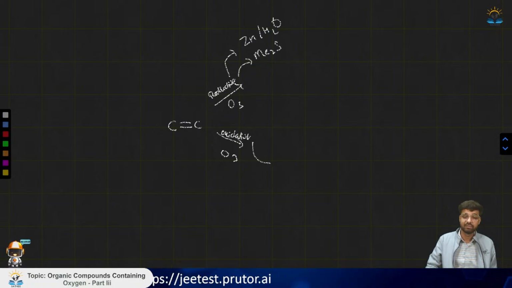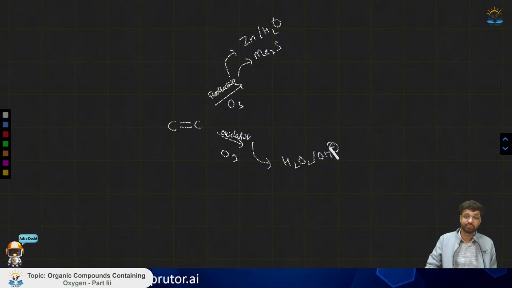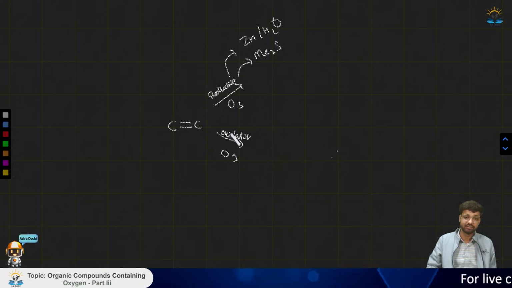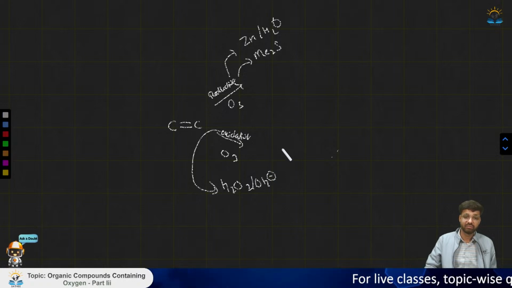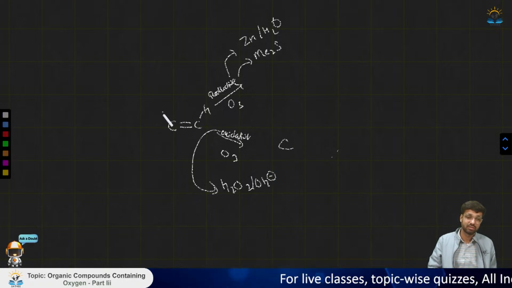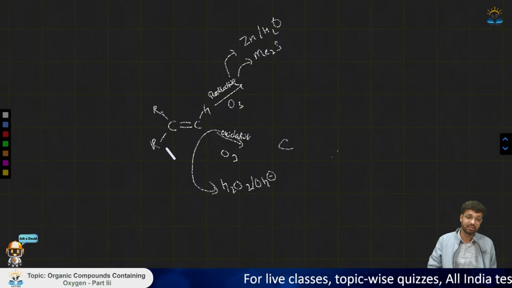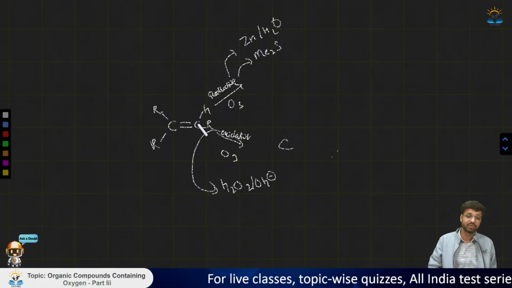For oxidative, we will have H2O2 and OH minus. Sorry, let me write it here: H2O2 and OH minus. So this one will give us, suppose it is the hydrogen, and this is R, this is R, and this is also R.